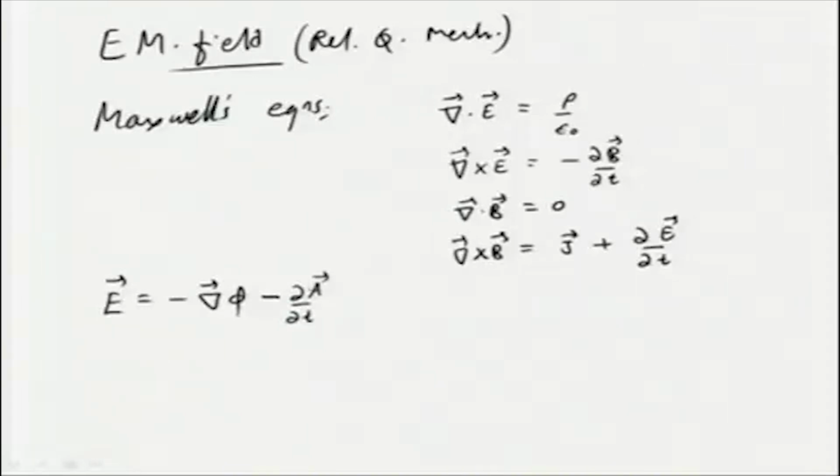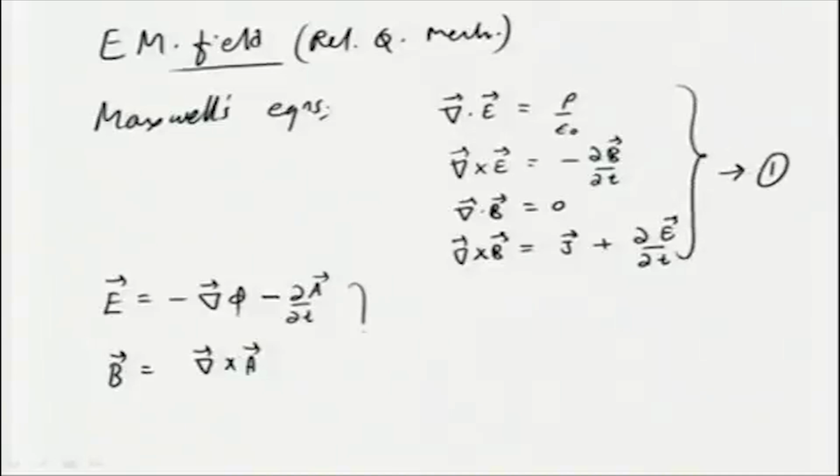So, the curl of this need not be 0, and B is equal to the curl of the spatial component of the potential. Let me call this set of equations, the well known Maxwell's equations, equation 1, and the electric field and magnetic field expressed in terms of A and phi as equation 2.